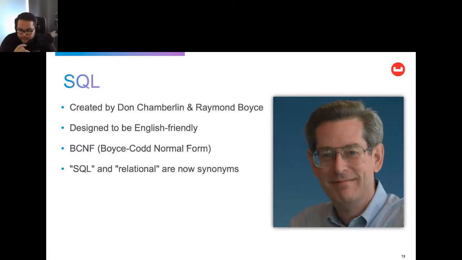They created the SQL language because back when the relational model was created, they used a proto language called Alpha, which used essentially mathematical approaches to query data. And then Don Chamberlin decided to say, why not use a language that is English friendly to query data?